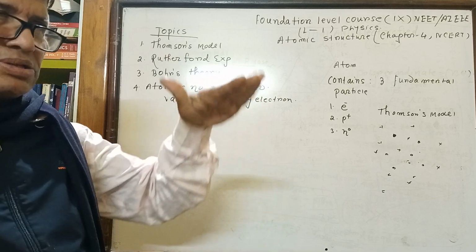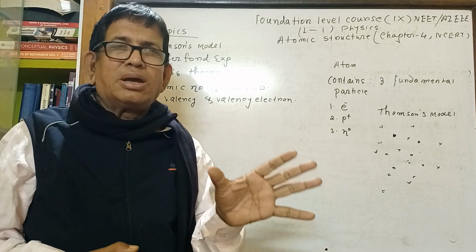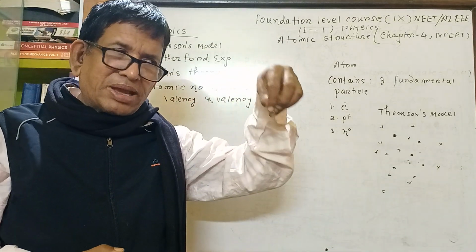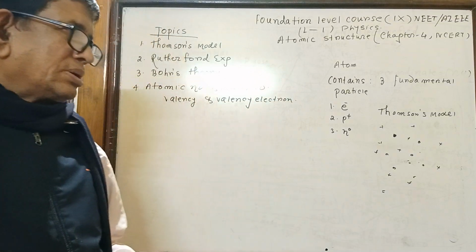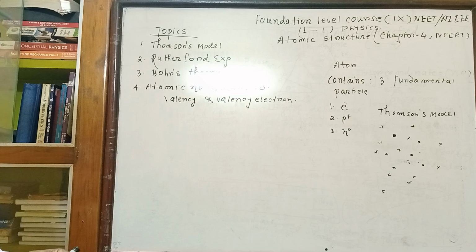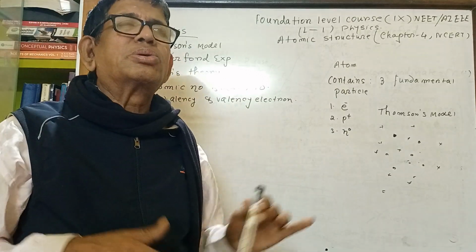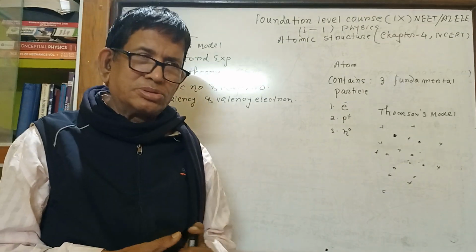So this is the Thomson plum pudding model, which we can also compare to a watermelon model.